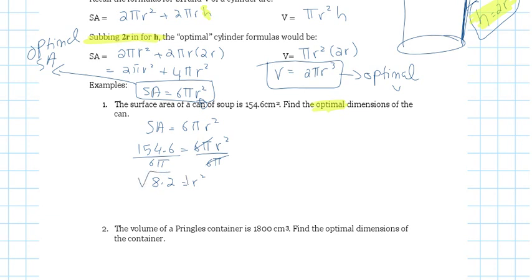So my optimal radius is 2.9. But for a cylinder, I need radius and height, right? So I found the radius. How can I find the height? Use that h equals 2r, right? So to find the height, you just multiply the radius that you just got by 2.